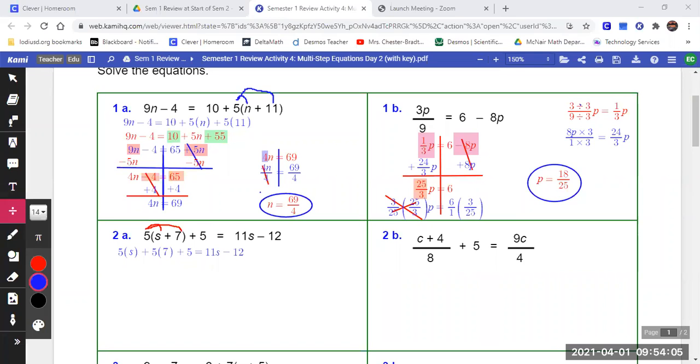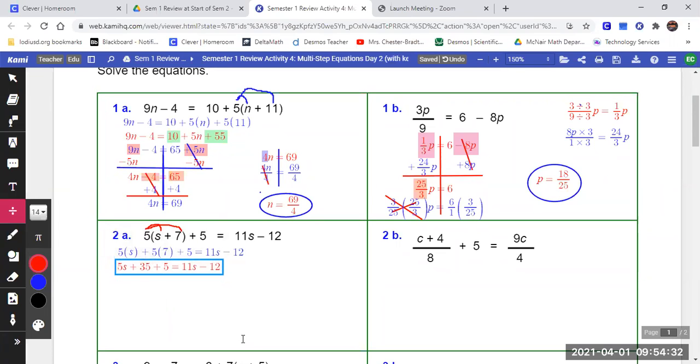Whenever we have a letter with a number, we just squish them together. So that's 5S, right? And then we have to do the 5 times the 7, which is what? Positive 35. The positive 5 that was already there, the equals 11s that was already there, the minus 12 that was already there.